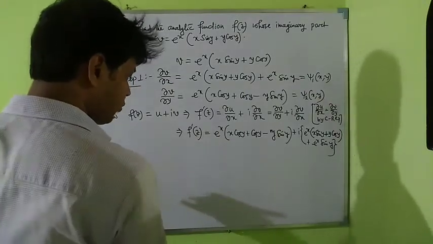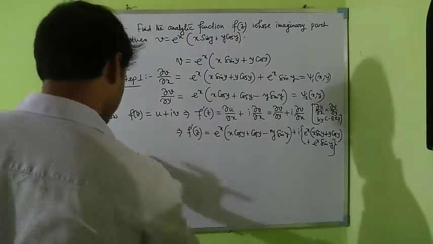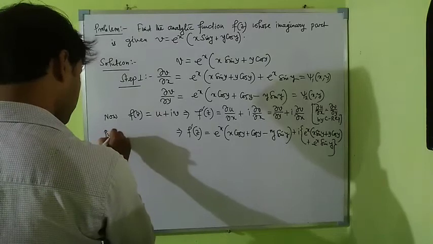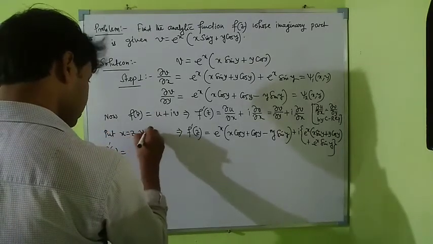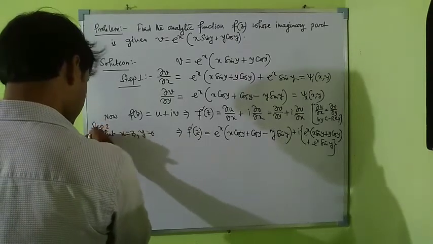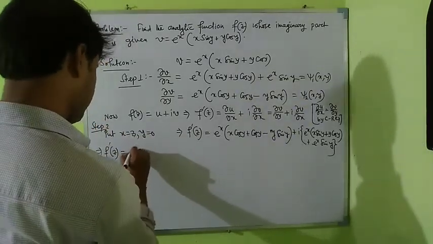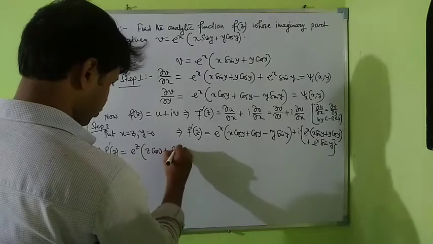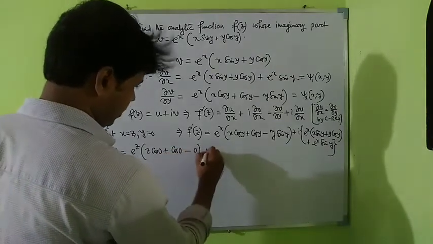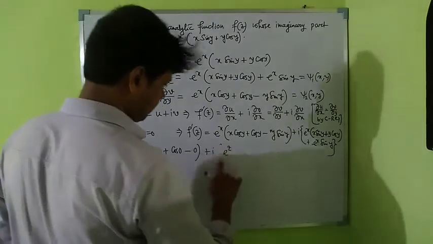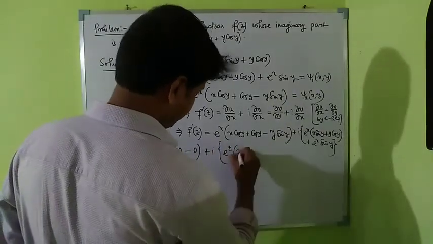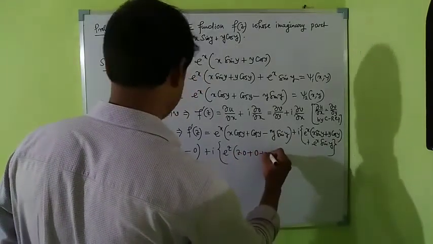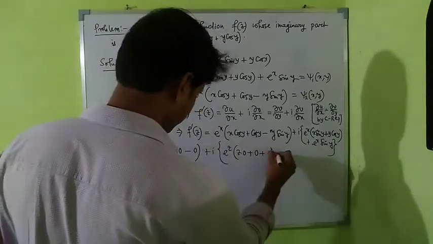Put x equals z and y equal to 0. Step 2: f'(z) equals e to the power z cos 0 plus cos 0 minus 0, plus i into e to the power z into 0 plus 0 plus e to the power z into 0.